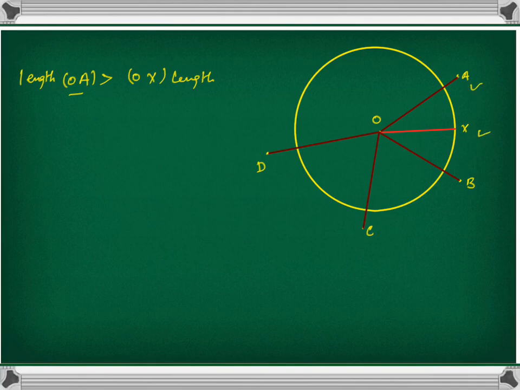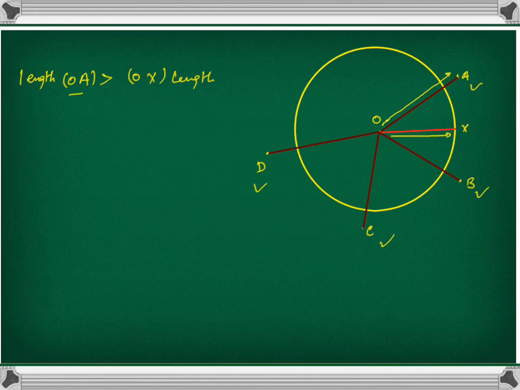These are the exterior points, because these points are drawn on the same plane, and the length from the center to these points is greater than the length of the radius.